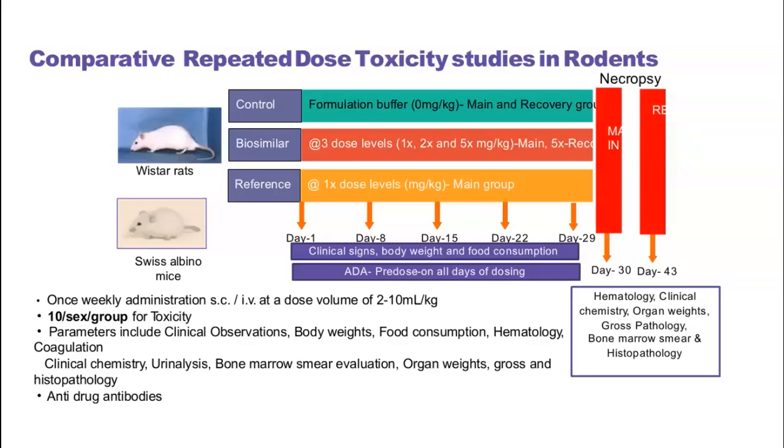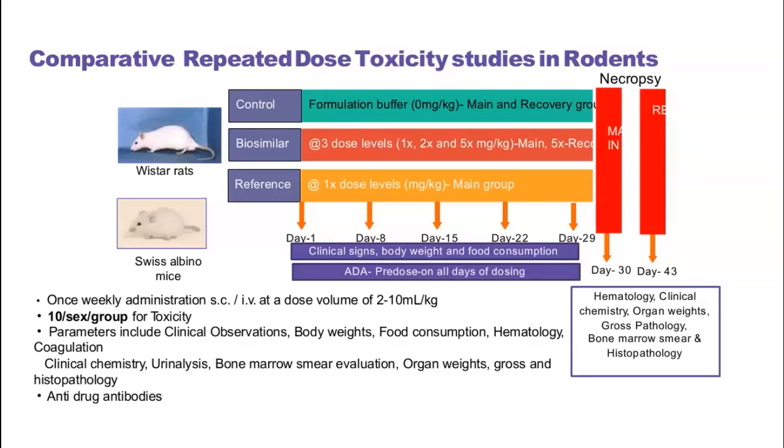We can also keep a recovery group of animals, especially for the control group and the biosimilar high dose 5x group. For repeated dose tox studies, if it is a chronic tox study for monoclonal antibodies, we can go up to 26 weeks. But as per the guidelines, we can restrict the study to 4 weeks.